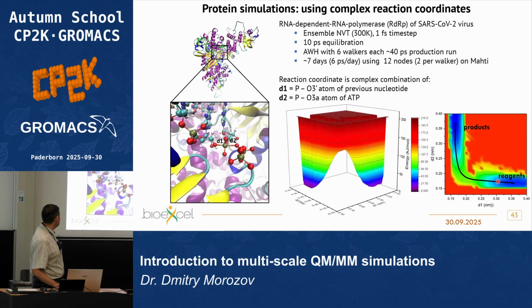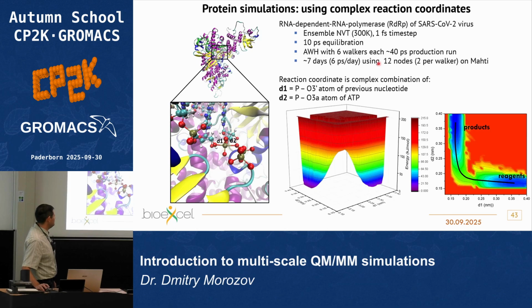What's good about GROMACS is that you can even do this in two-dimensional space. Instead of using one reaction coordinate, you can use two reaction coordinates at the same time, both D1 and D2, and do a scan of the two-dimensional surface. This is a more advanced method, called the accelerated weight histogram method. You can read about this in the GROMACS papers.